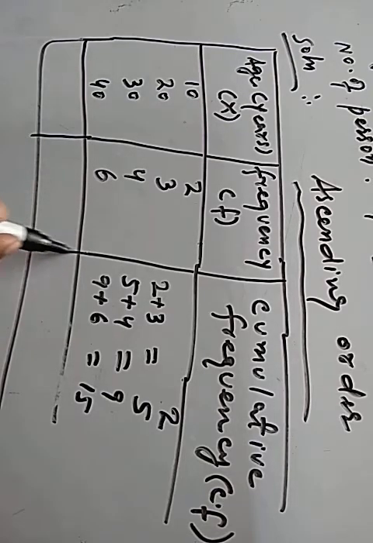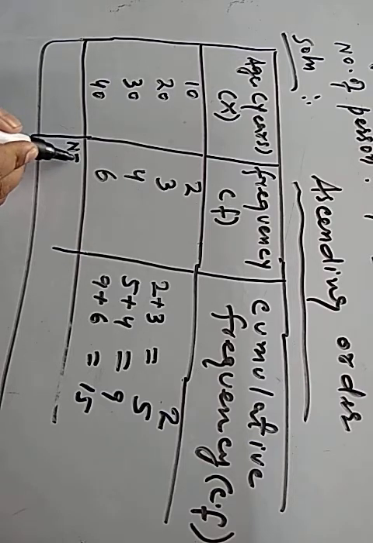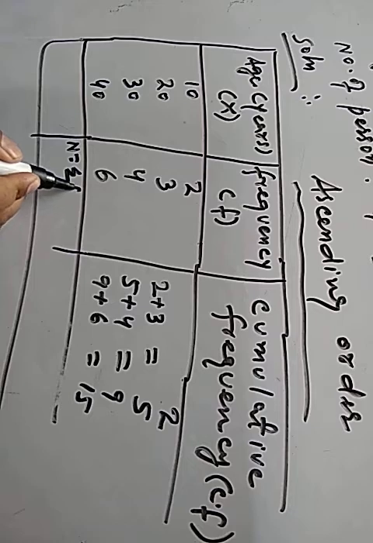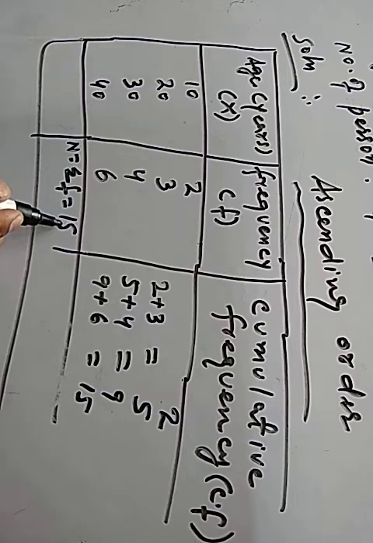And the last value of cumulative frequency should be equal to the sum total of simple frequencies, that is n, the total number of observations. As in case of discrete series, I have told you that it is equal to the sum total of simple frequencies, that is sigma f, summation of frequencies, and it is equal to 15. Here it is 15, here it is also equal to 15.